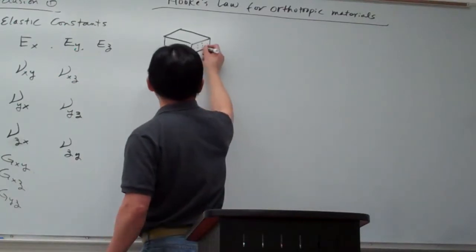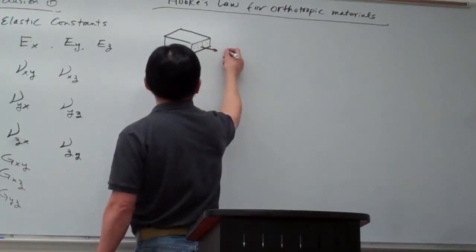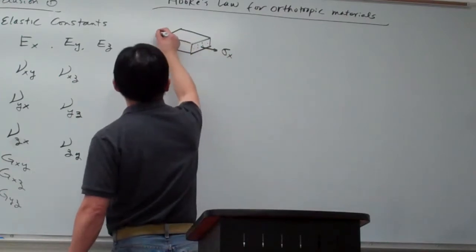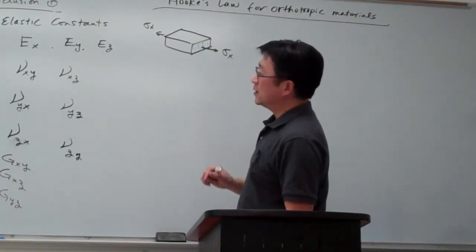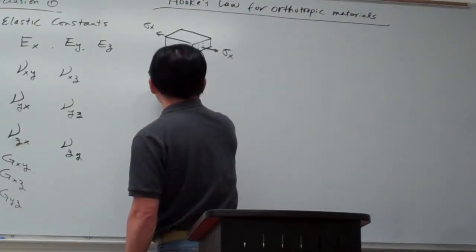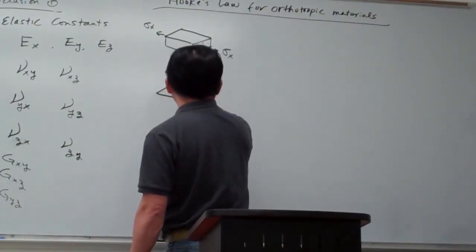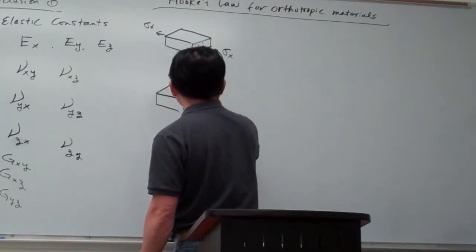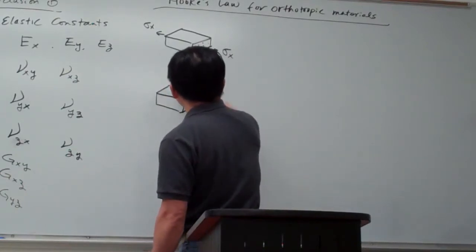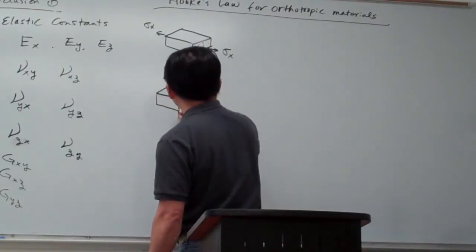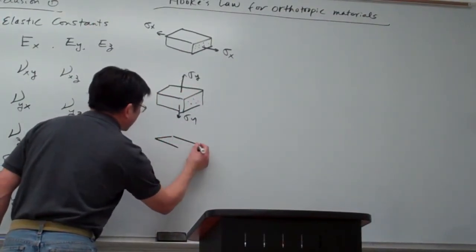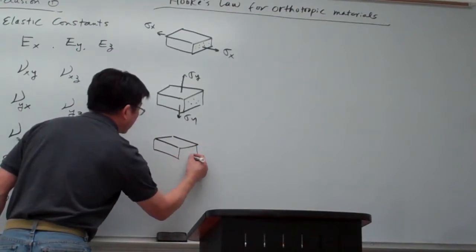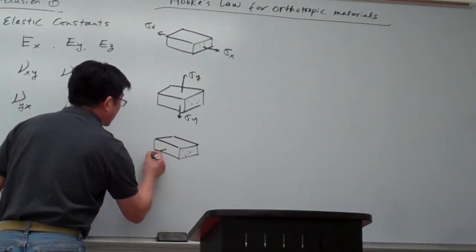So here is the first loading condition, sigma x. Sigma x is obtained by dividing the loading by the area, and then we have the second loading condition, sigma y, and then we have sigma z.